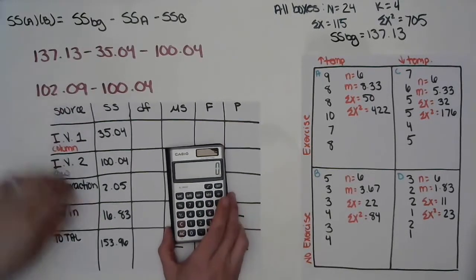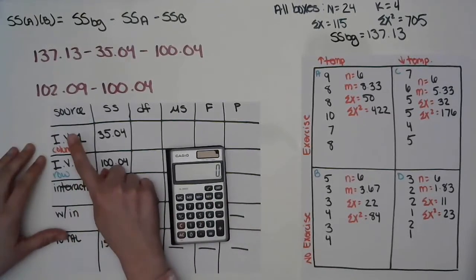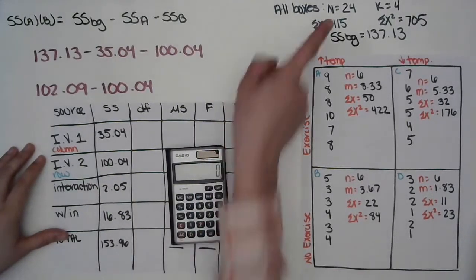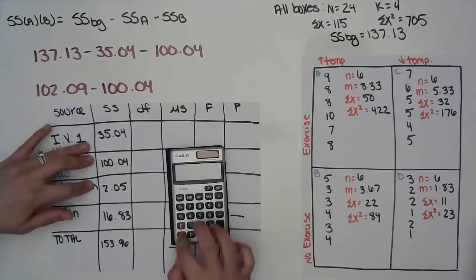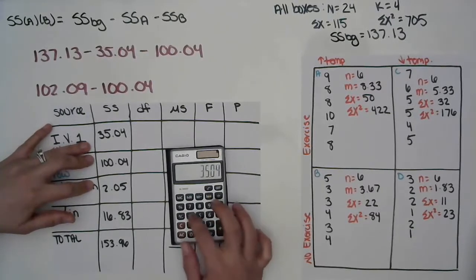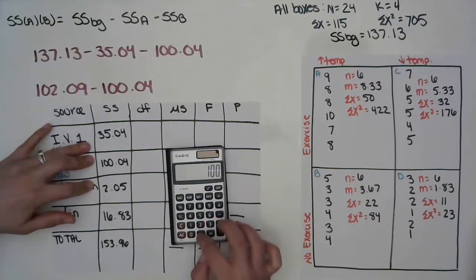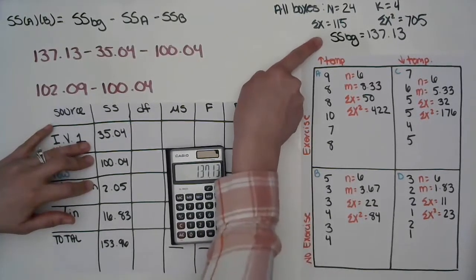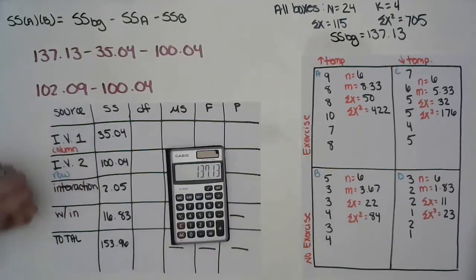Another way that you can check it is your SSA, your SSB, and your SSA times B should equal this amount here. So let's double check that. 35.04 plus 100.04 plus 2.05 gives us 137.13, which is our SSBG. Okay, awesome. So far, so good.